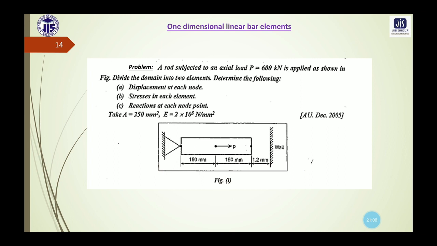Let us discuss the second numerical. The question states that a rod subjected to an axial load P equals 600 kN is applied, shown in the diagram. Divide the domain into two elements, and we need to determine the displacement at each node, then stresses in each element, and the reactions at each node point.